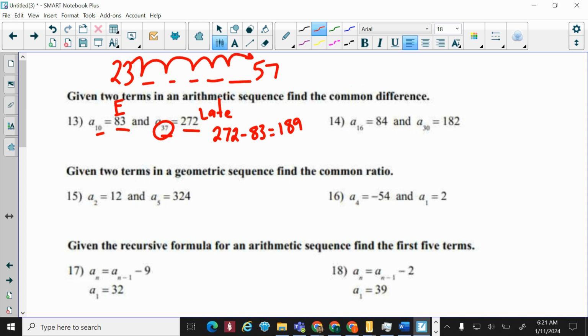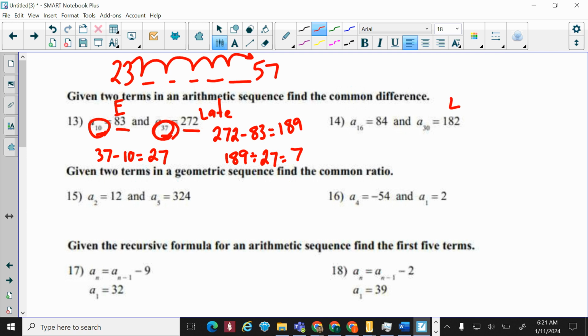However, with this one, this is 10th place and this is 37th place. How many places are in between? 37 minus 10 is equal to 27. So you take 189 and divide that by 27, and you get 7. There's your answer.